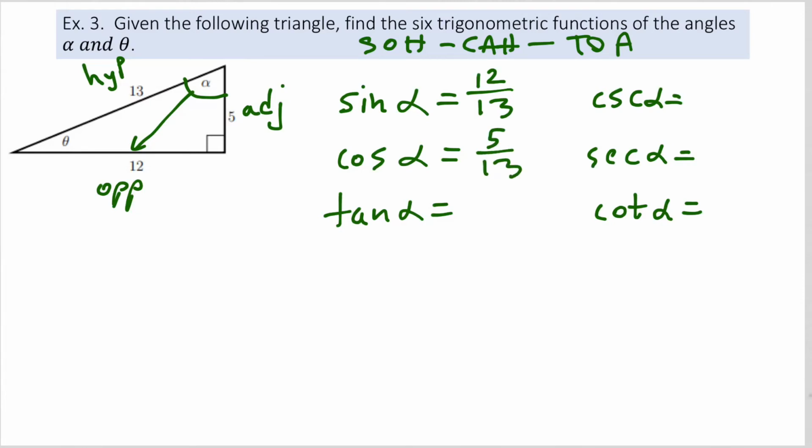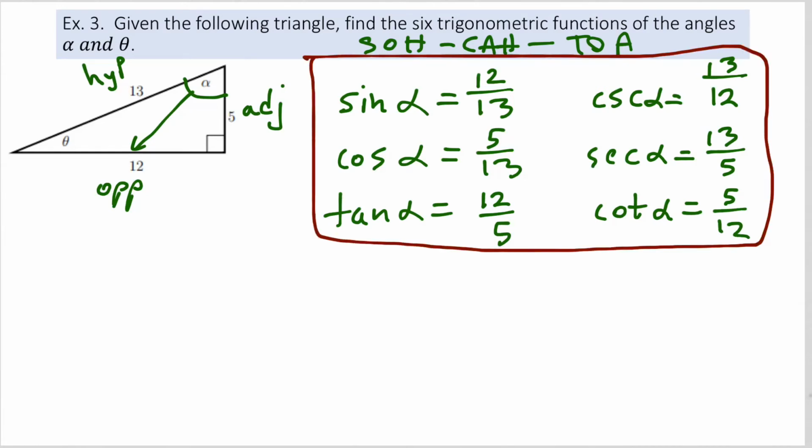And then tangent is equal to opposite over adjacent. So that's 12 over 5. Now to get the other side filled in, I take the reciprocals. So I'm going to just flip them upside down. And I'm done.